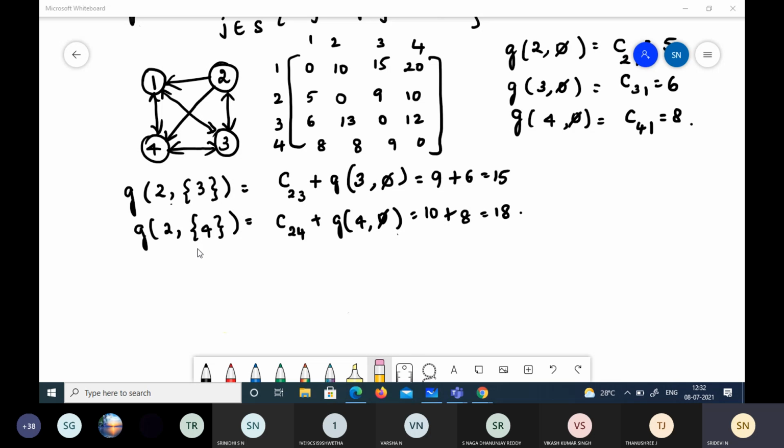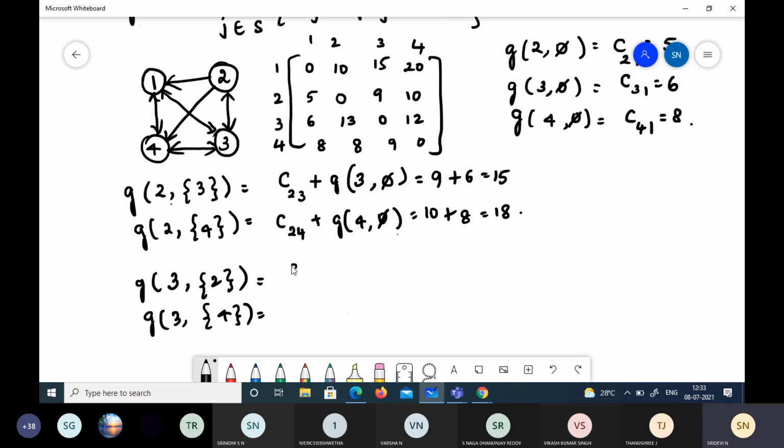So what are we supposed to do now? From 2 to reach 3 and 4 we have calculated. In the same way, maybe start from 3. G of 3, from 3 to reach 2 and from 3 to reach 4.